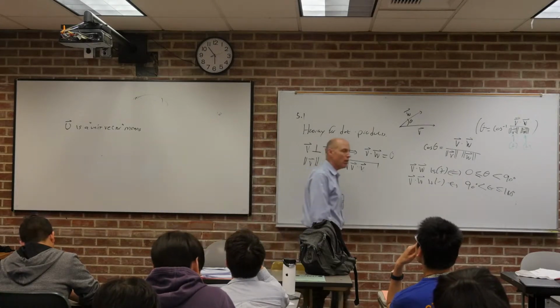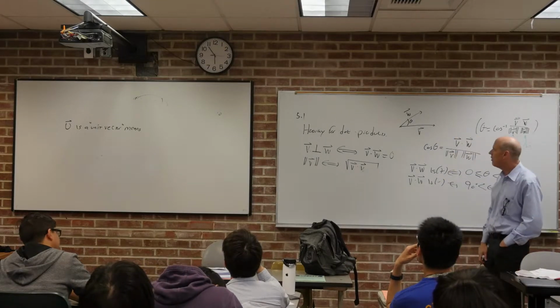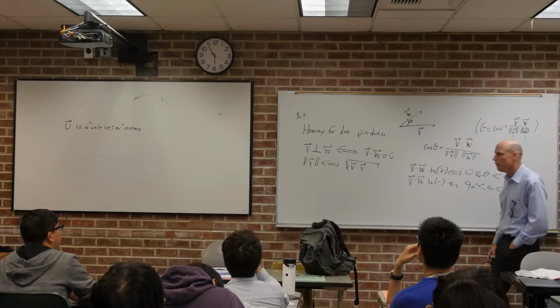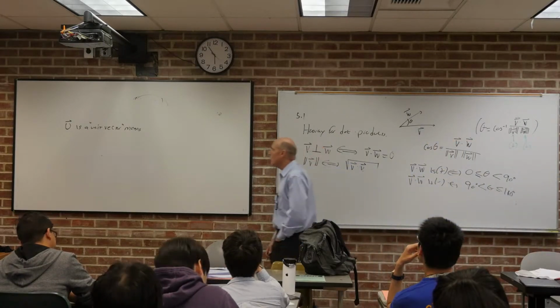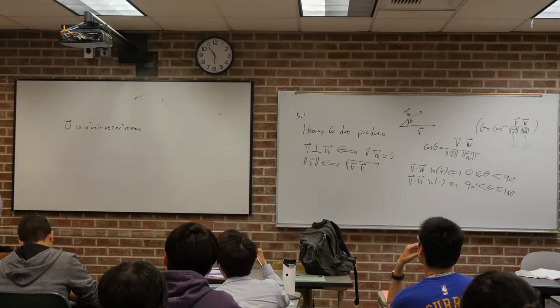The thing is, I know my U's and V's look similar, so I try to use V and W when I'm talking about generic vectors. Those are easy to keep apart. And U I'm going to reserve for a unit vector.